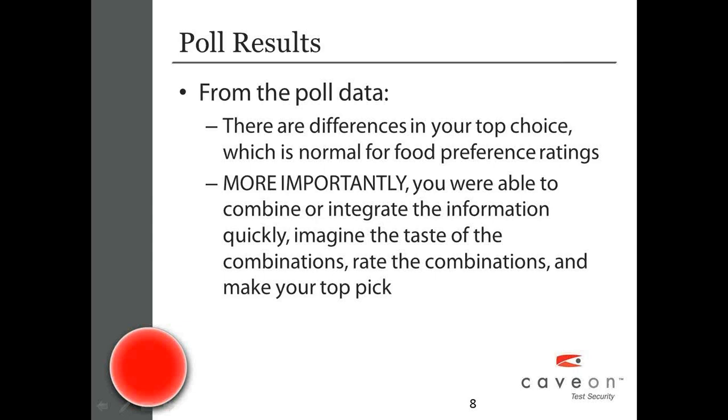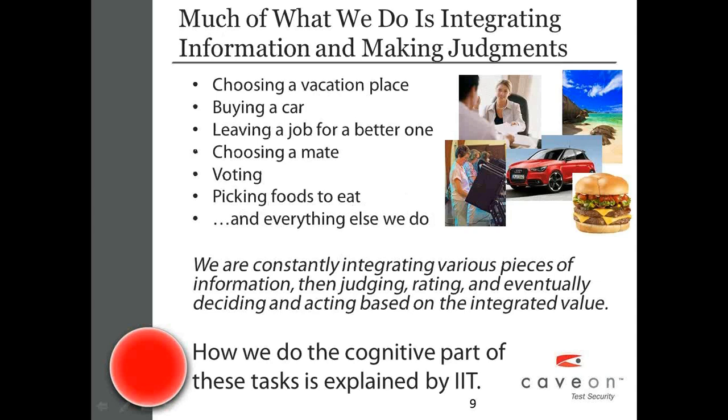So much of what we do, next slide please, so much of what we do requires, and I'll say probably everything we do requires integrating information and making judgments. So I've just listed a few examples here: choosing a place to vacation, buying a car, leaving a job, choosing a mate, voting, picking foods to eat, and everything else we do. We're constantly integrating information.